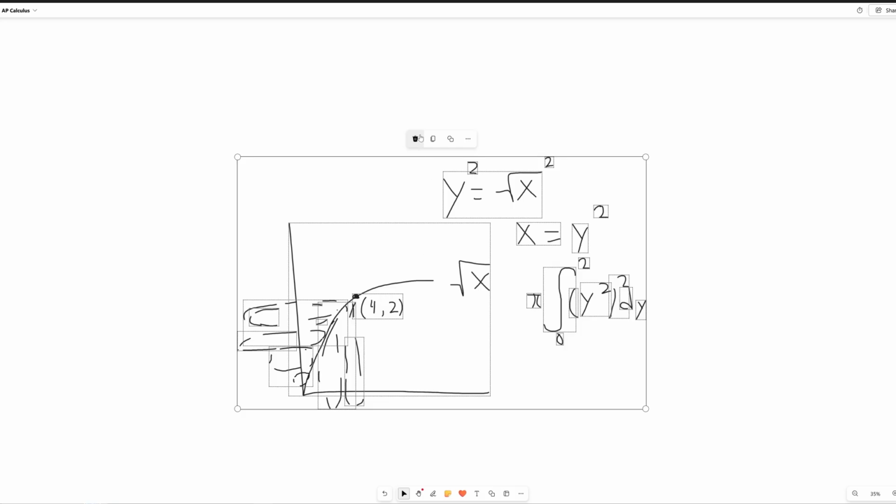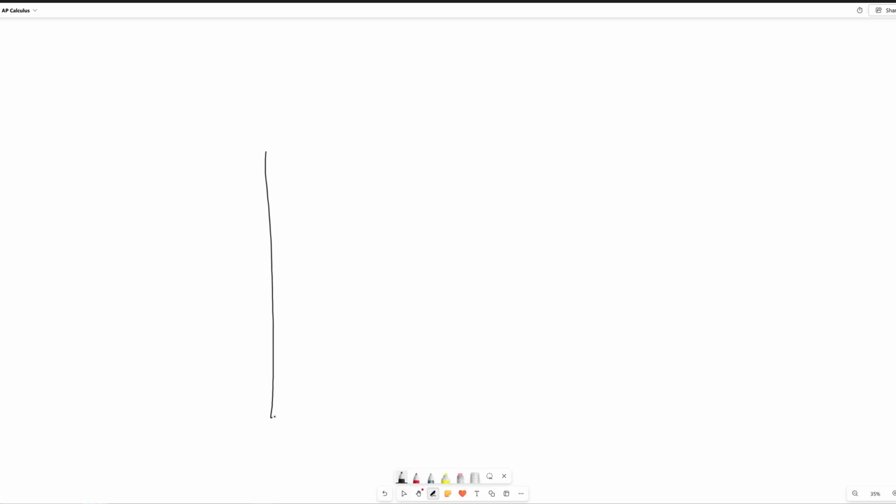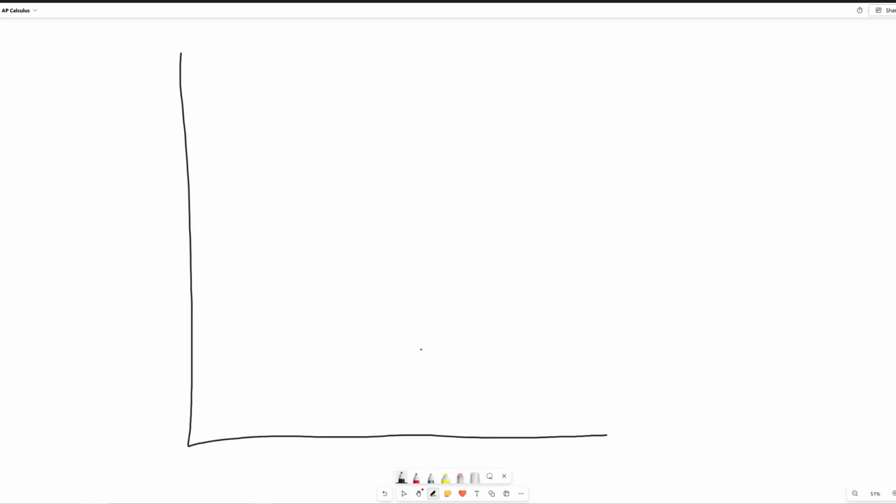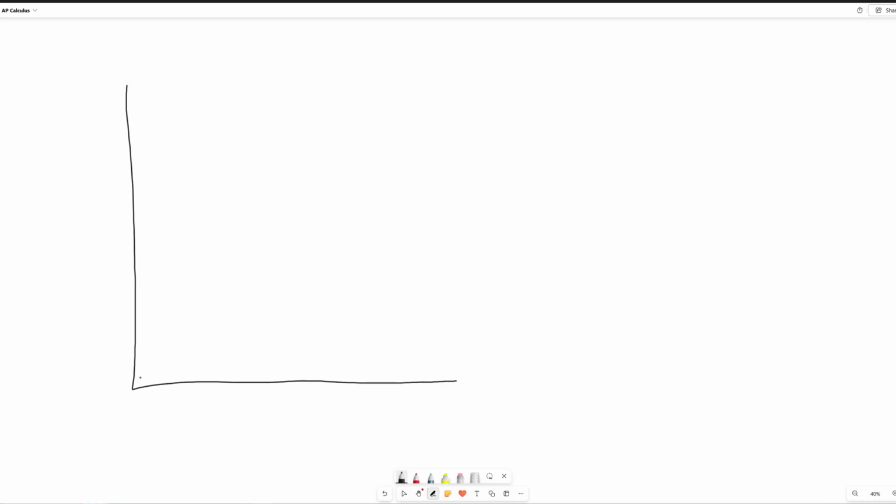So now, if I go to a washer method, like what I did here with the x and then the x squared. Okay.